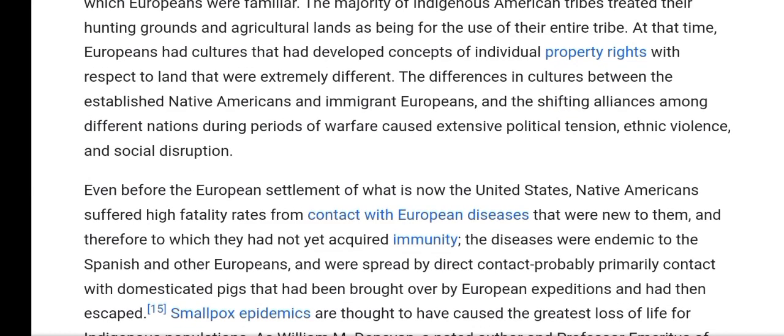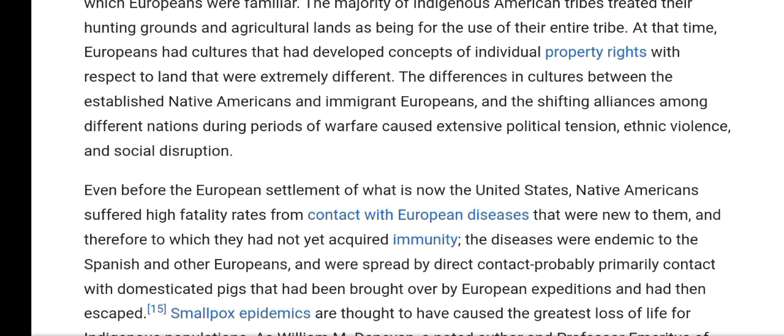Even before the European settlement of what is now the United States, Native Americans suffered a high fatality rate from contact with European diseases that were new to them and to which they had not yet acquired immunity.